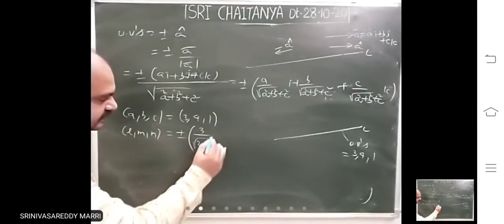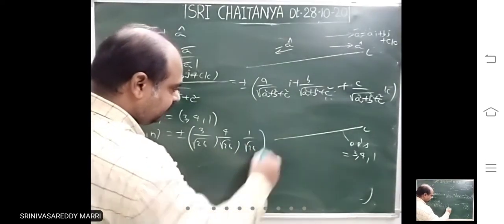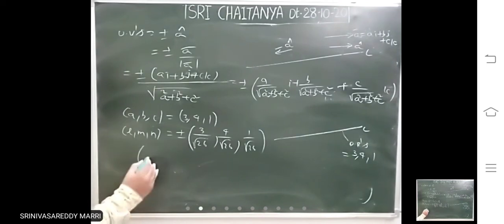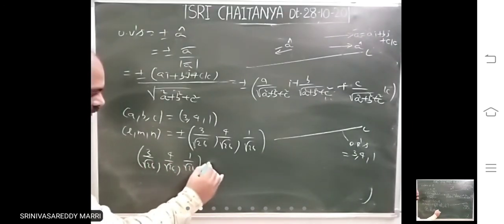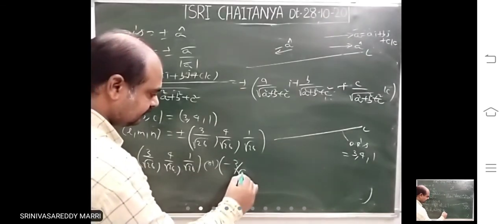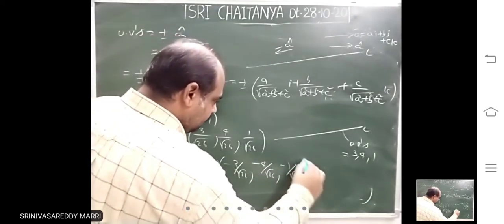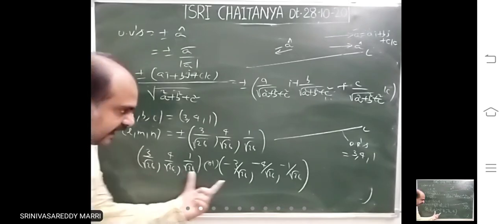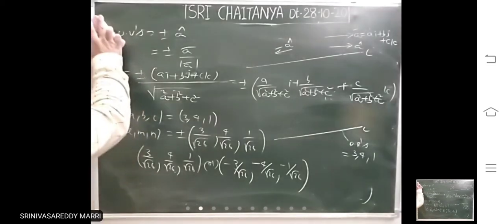So 3 divided by root 26 comma 4 divided by root 26, 1 divided by root 26. Therefore LMN, if you take plus, you will get one set of DCs, or if you take minus, you get the other. This can be given as the answer or this can be given as the answer, right? Like that. Relation between DRs and DCs.